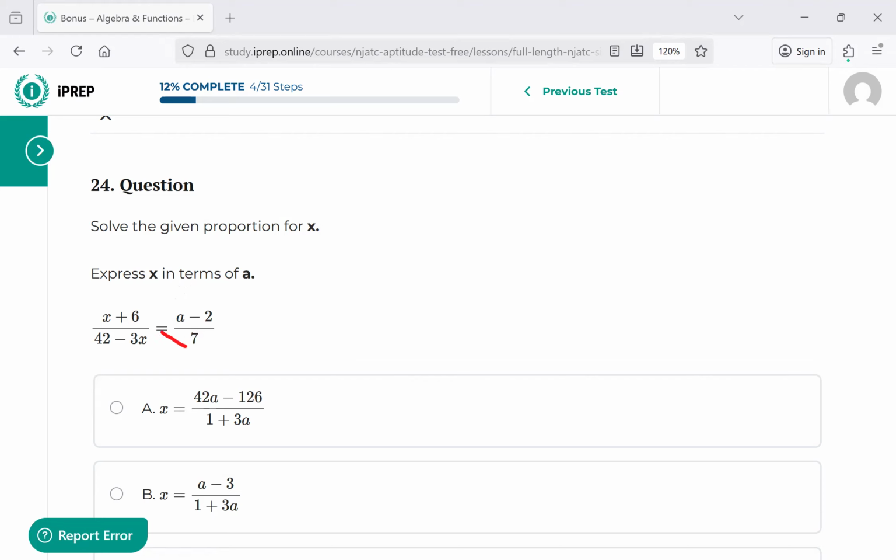I'm going to cross multiply. So it's going to be 7 times x plus 6 equals a minus 2 times 42 minus 3x. When you simplify, I'm going to FOIL out this 7.